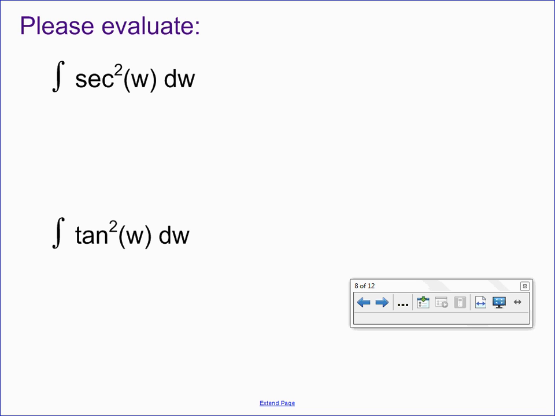Do we already have a rule for secant squared? Yeah. Is there any trick here? No. Antiderivative of secant squared would be tangent of angle plus c, because tangent differentiates secant squared. So there's nothing new or special here, other than a tremendous setup for the second one.